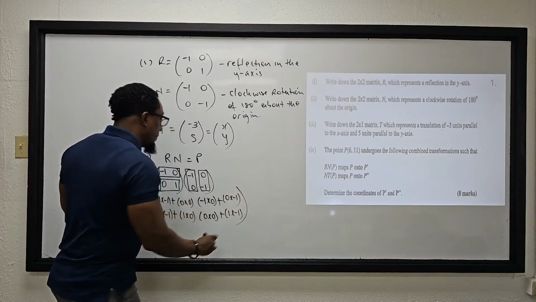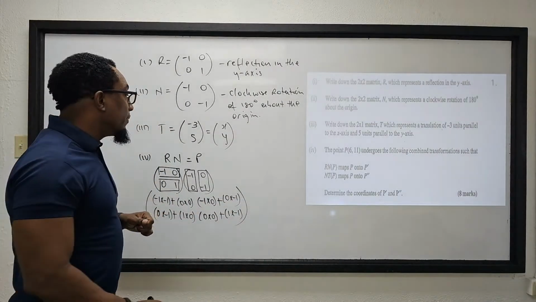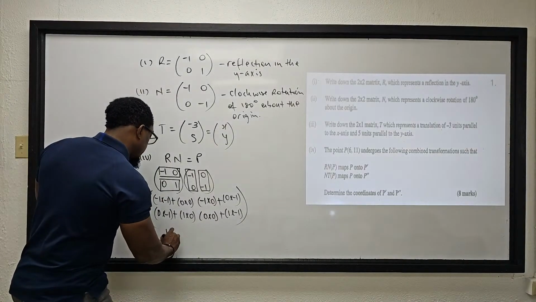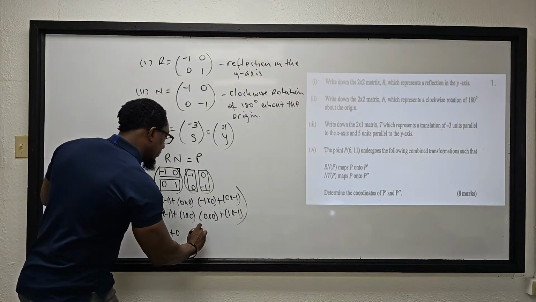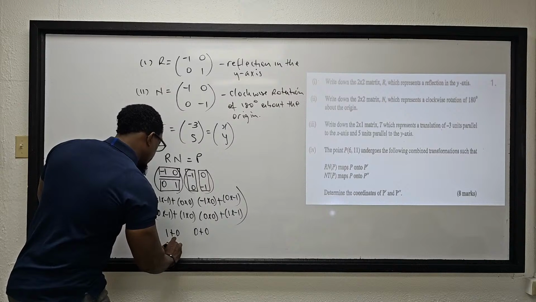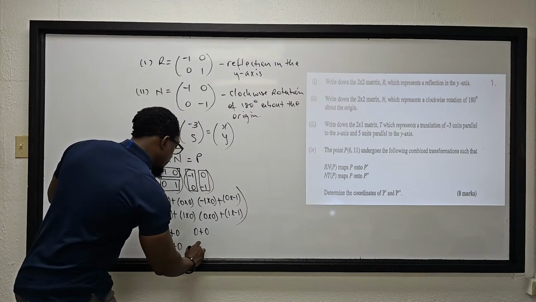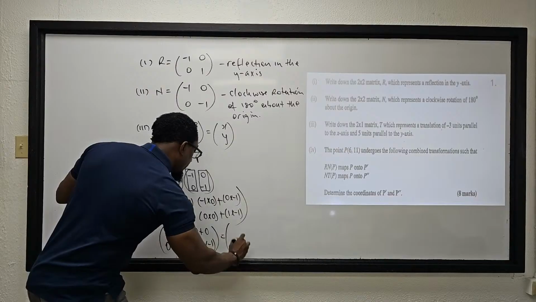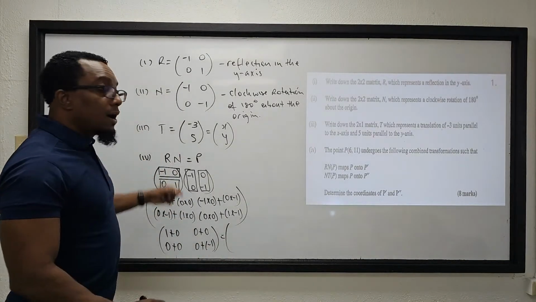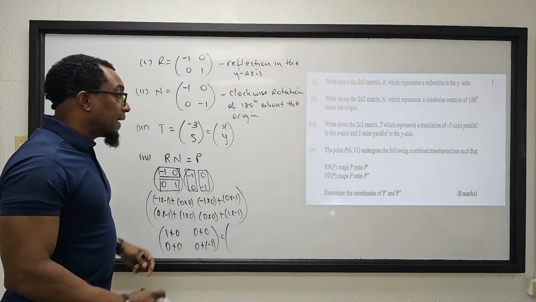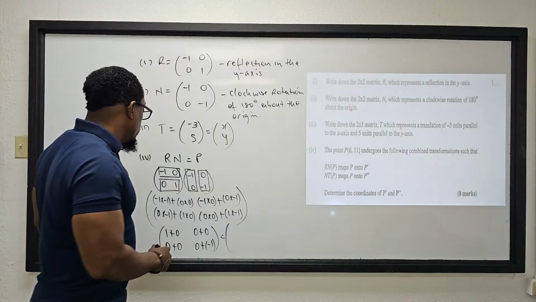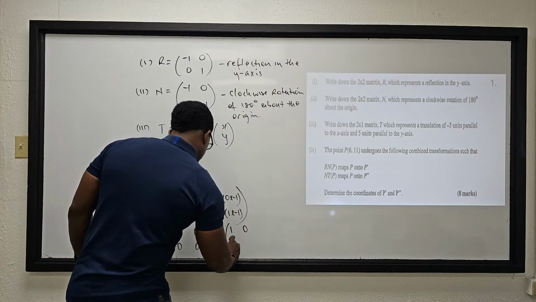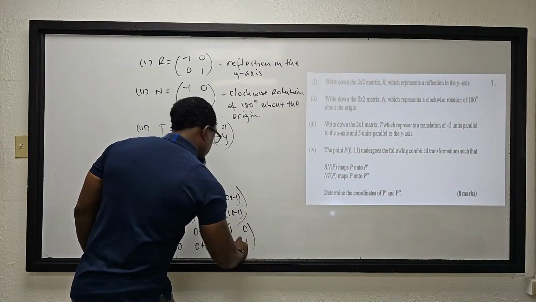So when we multiply these 2 matrices, Rn, this will be 1 plus 0, 0 plus 0, 0 plus 0, 0 plus negative 1. So the 2 by 2 matrix Rn, the combination of those 2, is going to be 1, 0, 0, negative 1.